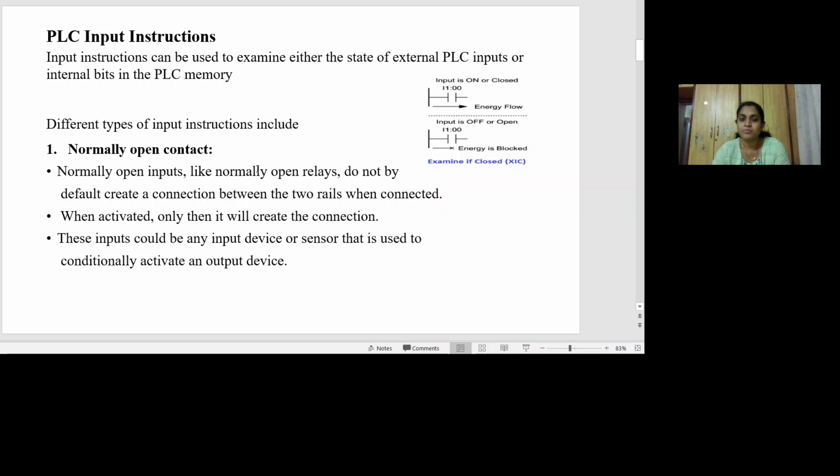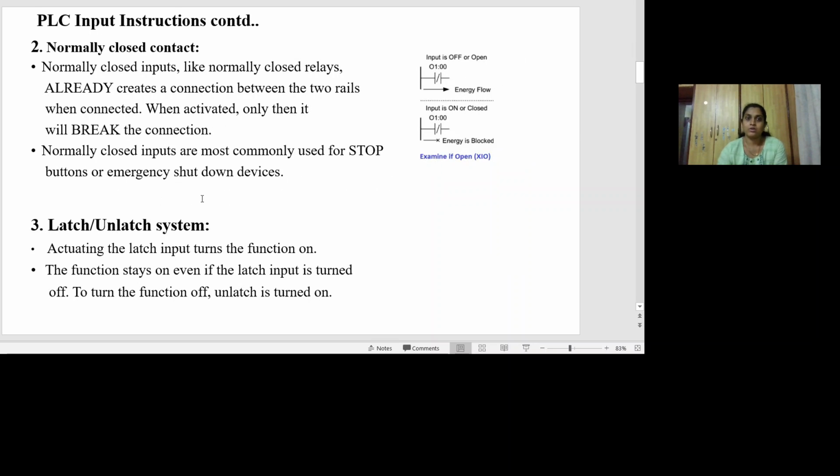NO means by default it is open; only when it is energized, the contact closes and energy flows between the power rails. And for a normally closed contact, under normal operation the contact is closed; only when it is energized will it be opened, and energy will not flow between the rails.